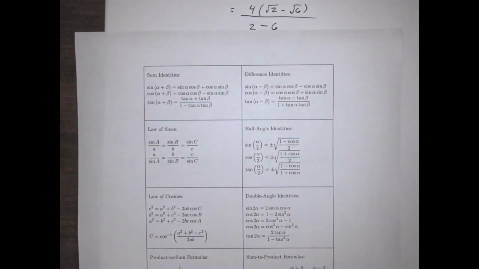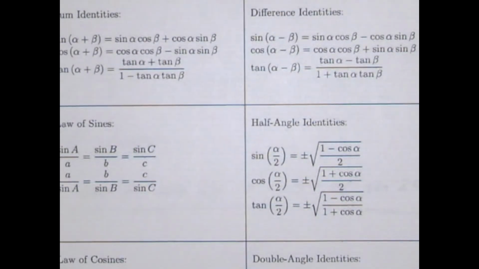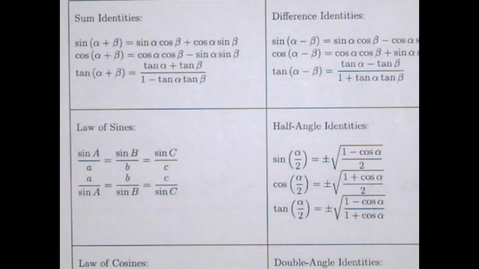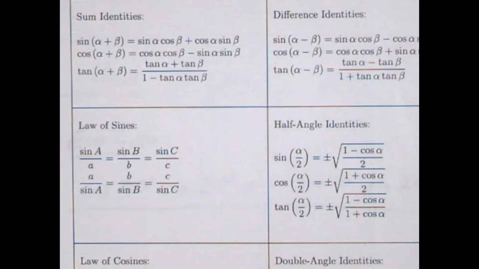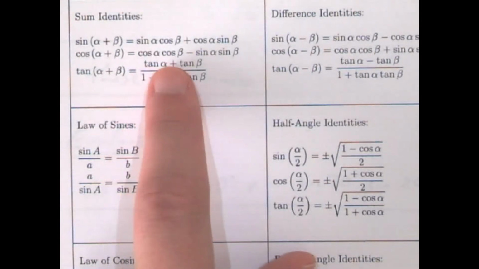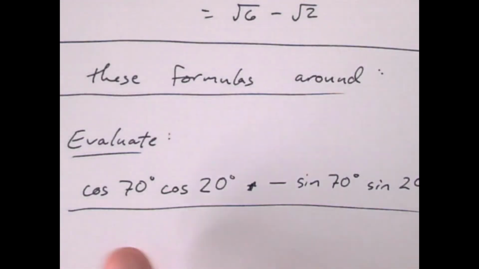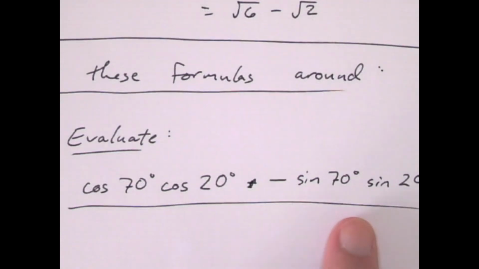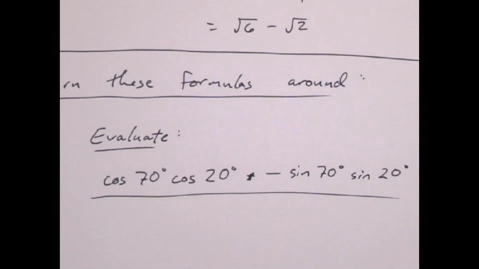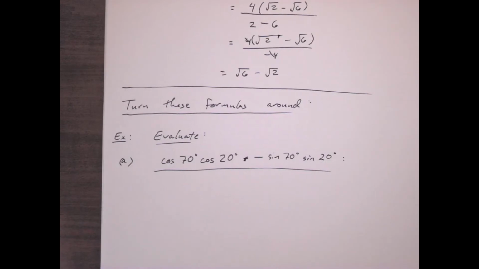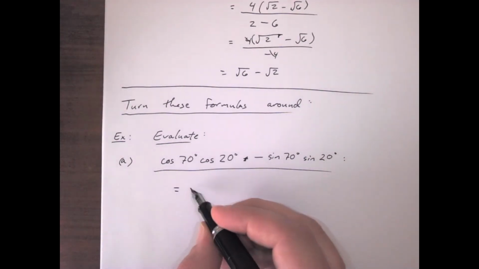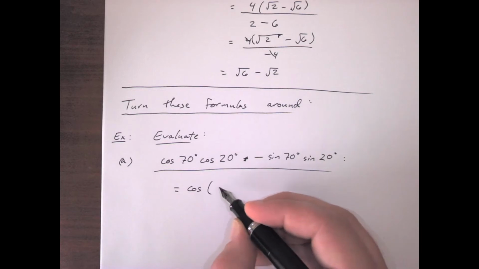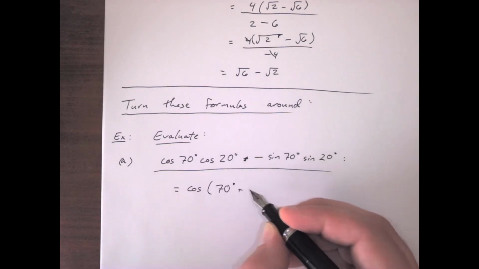And if we zoom in a little bit here, we can see that this fits precisely the pattern of the cosine addition formula. We have cosine cosine minus sine sine. Cosine cosine minus sine sine. So this is exactly right. And so we will proceed by just recognizing that this will equal cosine addition, so 70 plus 20.